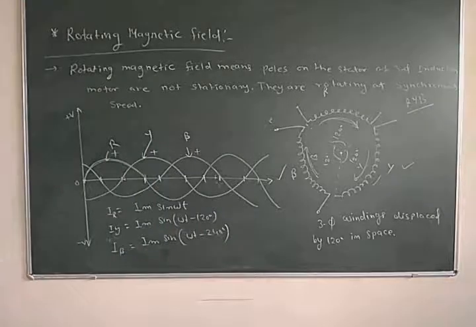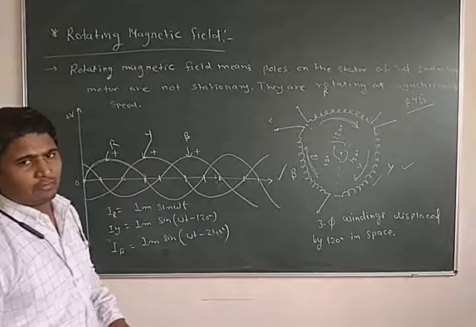The magnetic field associated with these poles is known as the rotating magnetic field.